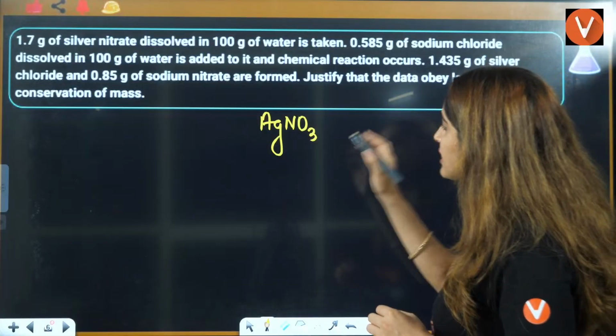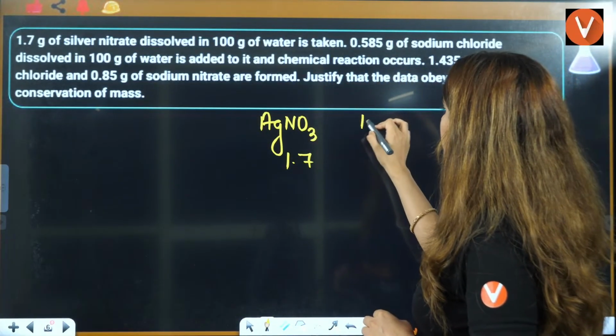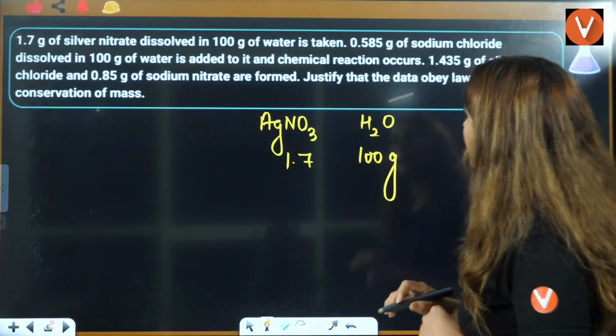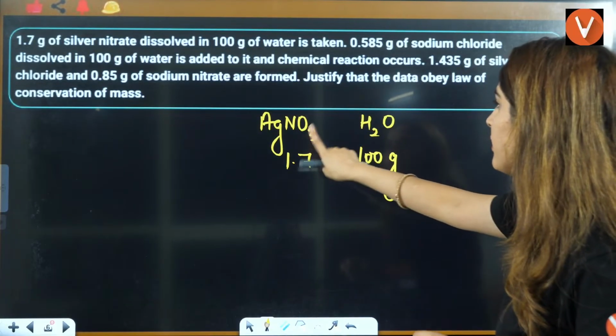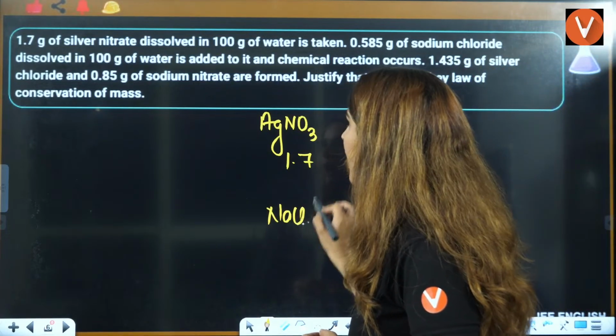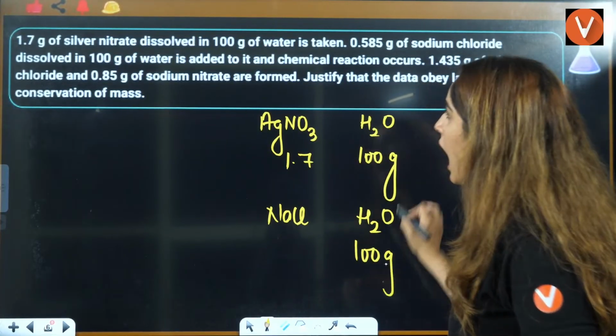Water is 100 gram. Then sodium chloride, also dissolved in 100 grams of water, was taken.